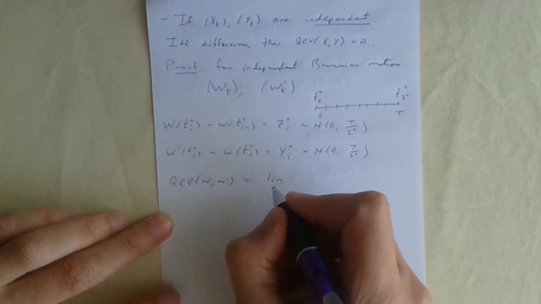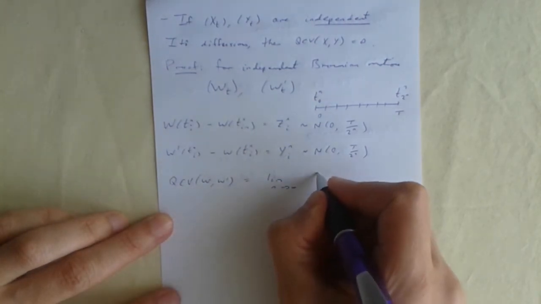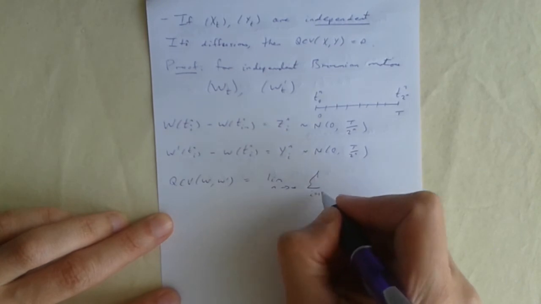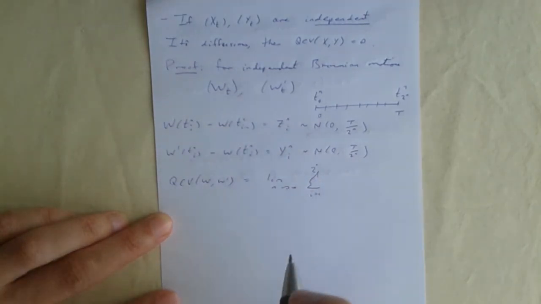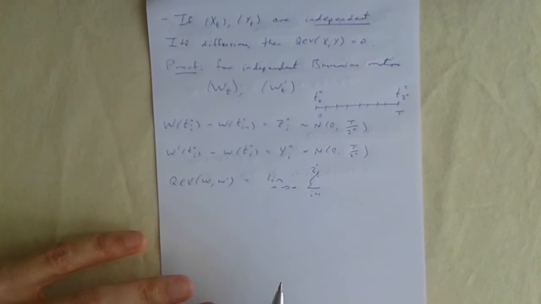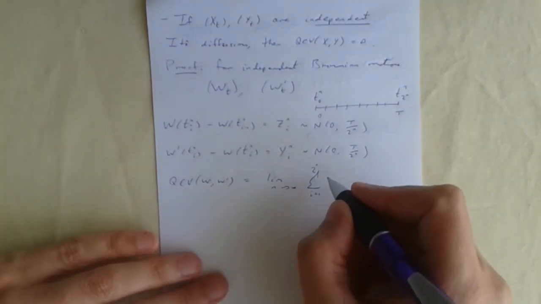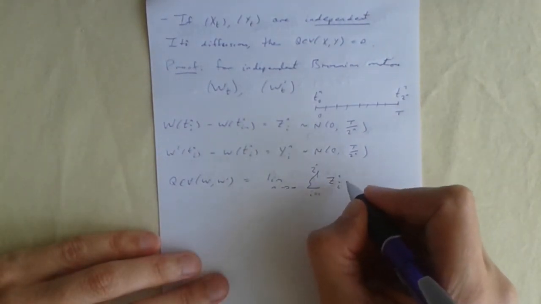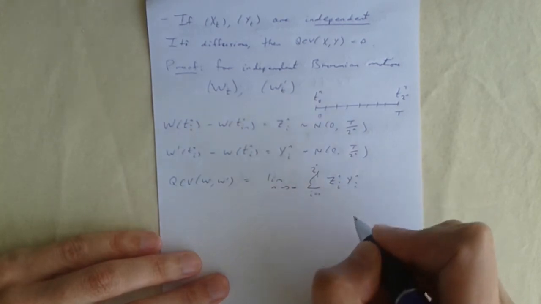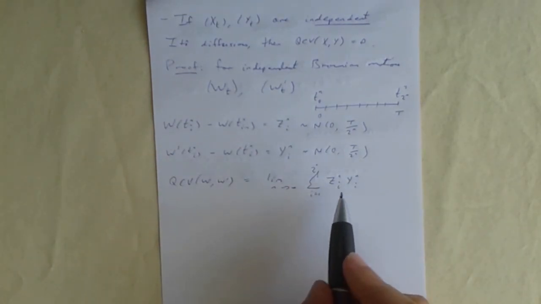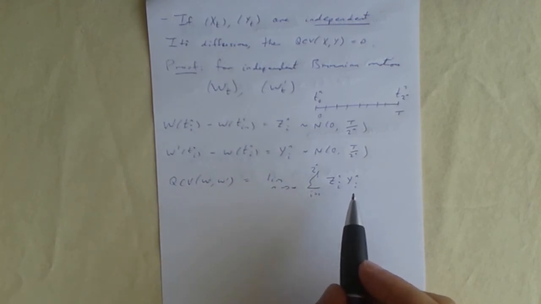We're looking at the limit, n goes to infinity, so now it would be the sum at the nth stage of approximation. We have 2 to the n terms, and it's one increment times the other increment. Increment of one process times an increment of the other process.